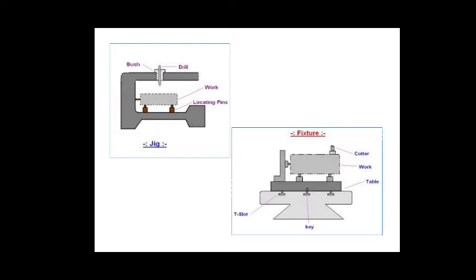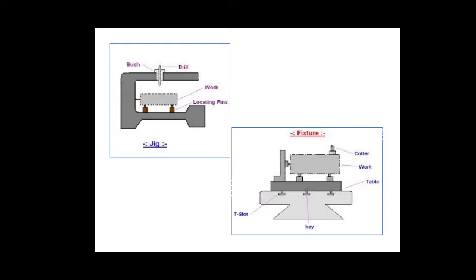That means its involvement is not there to guide, locate or position the cutting tool. But here the construction of a fixture is heavier, and fixtures are normally used in turning, milling, shaping, and grinding. Fixtures are also called an inspection device.